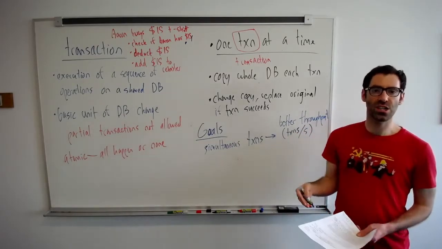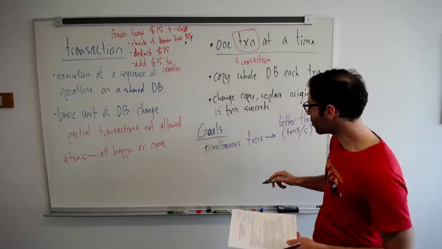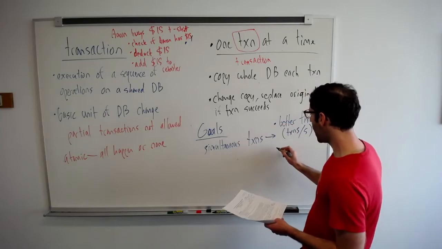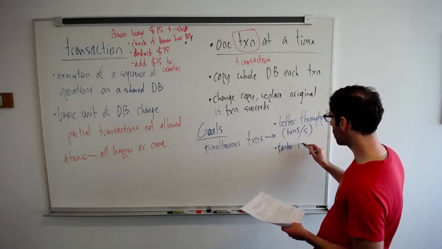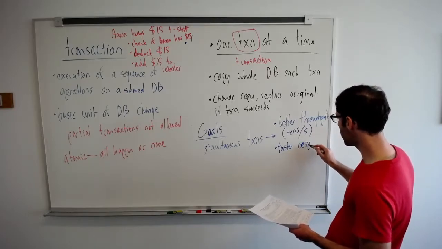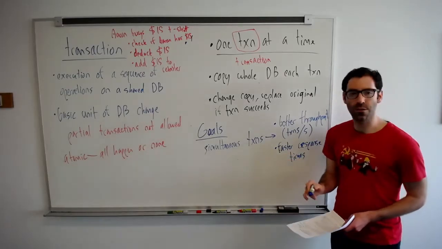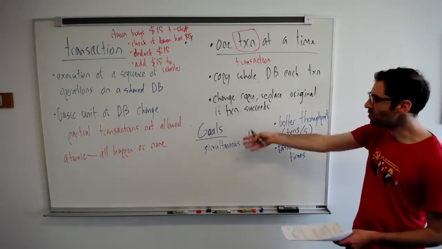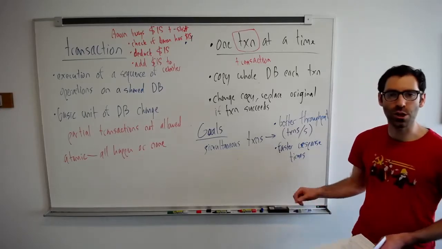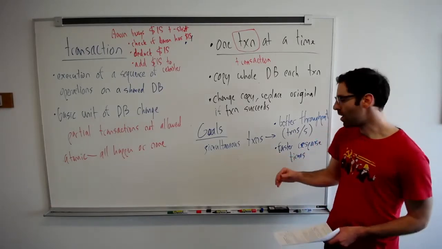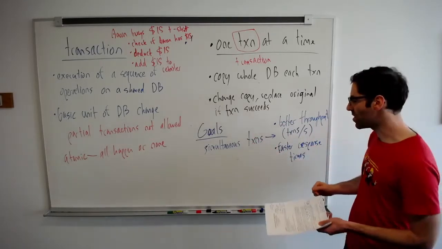And the more transactions we can do per second, the more people can be buying t-shirts from our store, and that's very good. And we also can get faster response time. So each individual transaction will, on average, complete faster if they don't have to all wait in line and they can actually run at the same time.